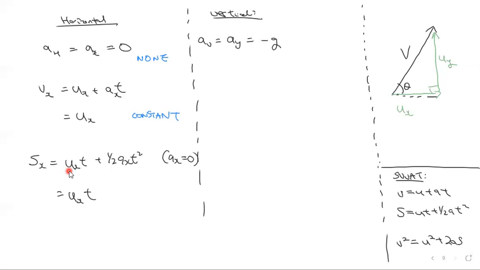Well, how do we find this component? You've got a right angle triangle. You know the hypotenuse. You have a representation of the angle. How do we get this horizontal component?